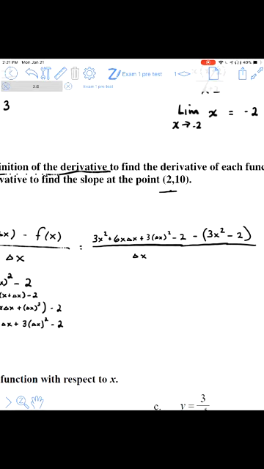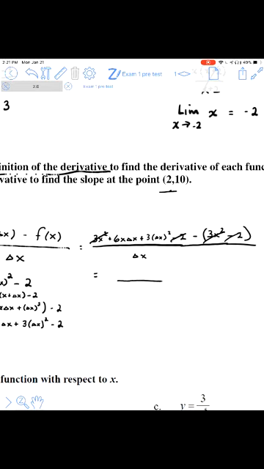Now at this point of the problem, a lot of things are going to cancel. Any term that doesn't have a delta x should cancel. So this 3x squared and that negative 3x squared are going to cancel. Remember here we got minus and negatives, so that's going to turn into a positive. So that positive 2 can cancel with that negative 2.